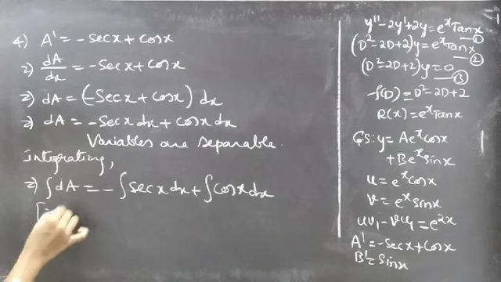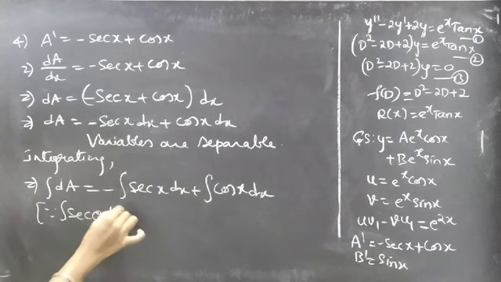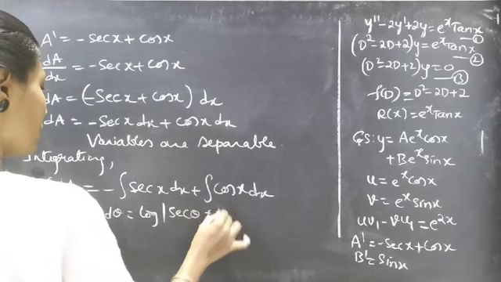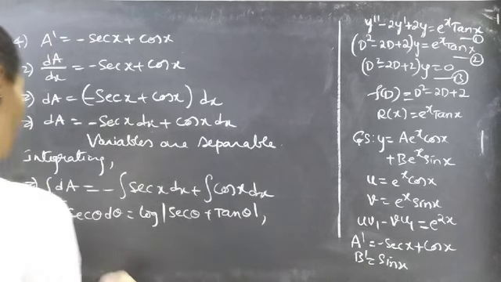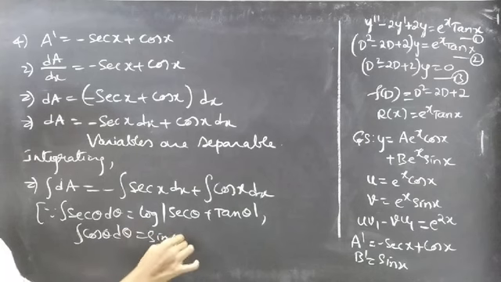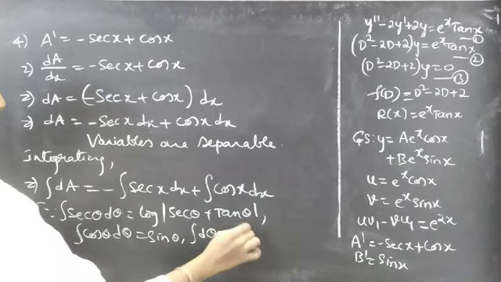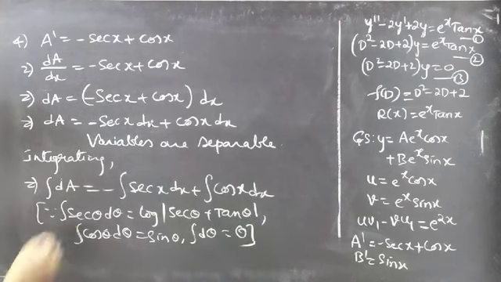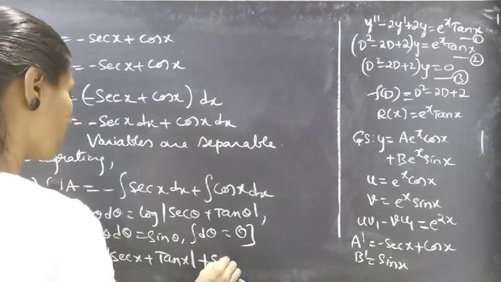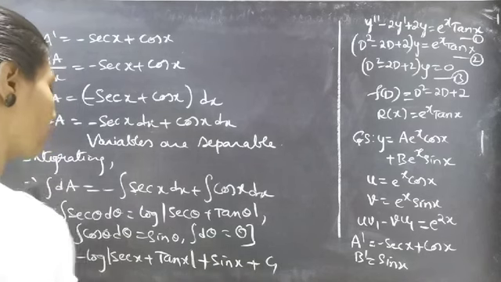Integral dA equal to minus integral secant x dx plus integral cos x dx. Since we know that integral secant theta d theta equals log mod secant theta plus tan theta, integral cos theta d theta equals sin theta, and integral d theta equals theta, the above equation becomes: integral dA, so A, equals minus integral secant x dx, which is log mod secant x plus tan x, plus integral cos x dx, which is sin x, plus the integral constant c1.